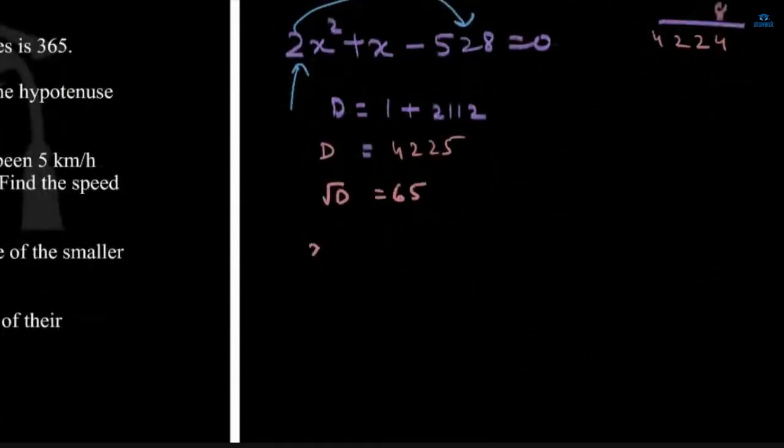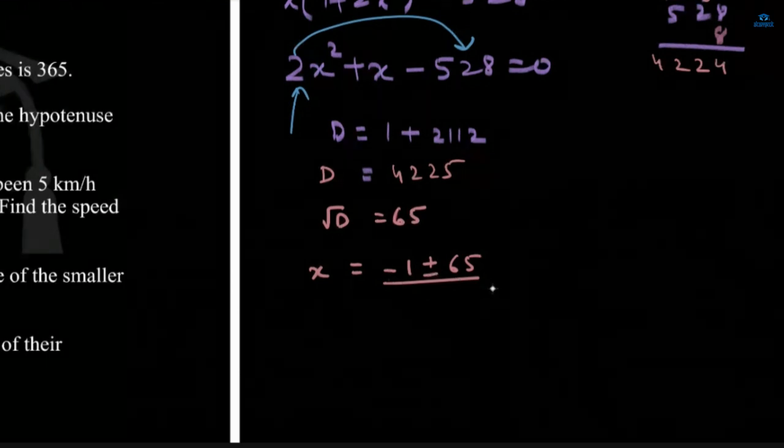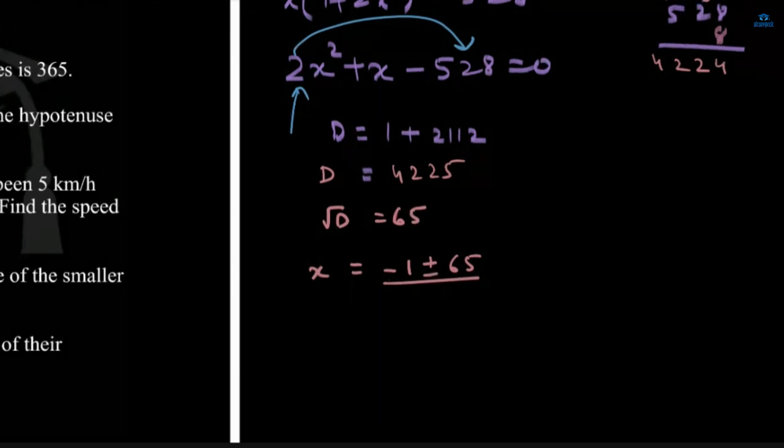Now applying the formula, x is equal to minus b plus minus root D upon 2a, so minus 1 plus minus 65. In the exam or test you have to write the whole step, then you can write the values directly. 2a, 2 twos are 4.